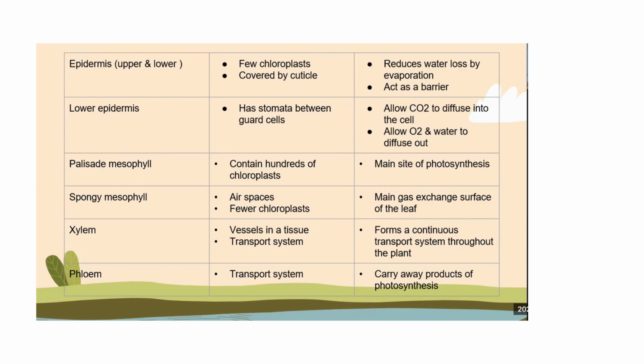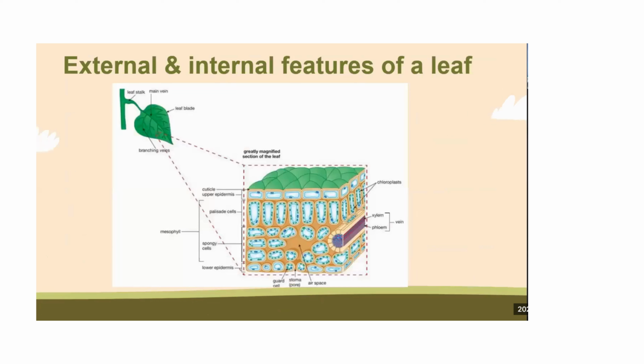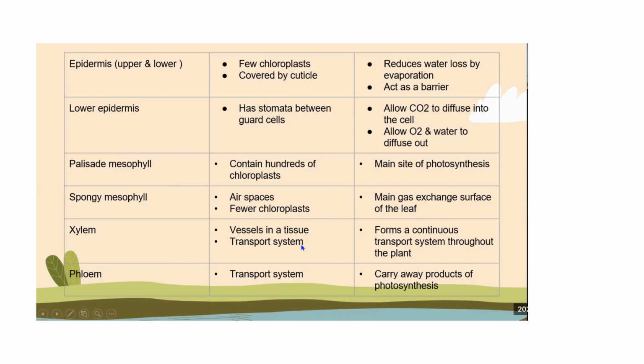In the lower epidermis, there are stomata between guard cells. These are the guard cells, and between the guard cells there is a stoma. It's like a pore. The stoma helps carbon dioxide to diffuse into the cell and allows oxygen and water to diffuse out from the cell.